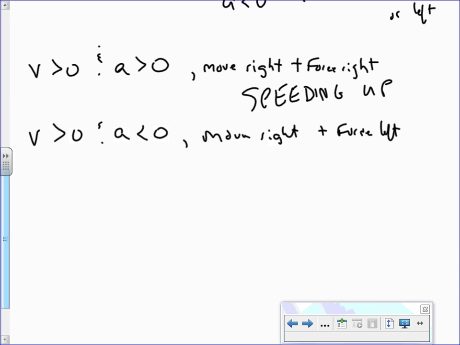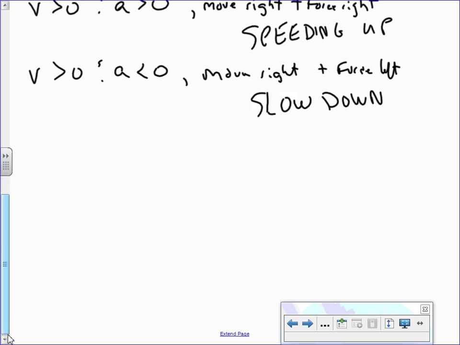Okay? Then what's the first thing that happens before I fall down? I'm going to slow down. I may eventually stop, but I am definitely going to slow down. Okay? I may or may not end up going backwards, but the first thing that's going to happen is I'm going to slow down.